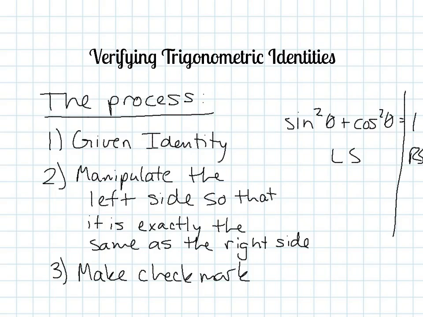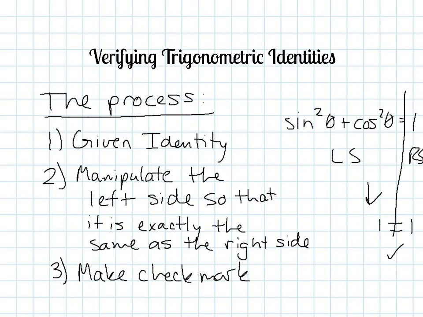I want to manipulate the left side so that it's exactly the same as the right side. After I do a bunch of math, I should have an equation that looks something like 1 equals 1, and then I get to make a check mark to show that I correctly showed these.